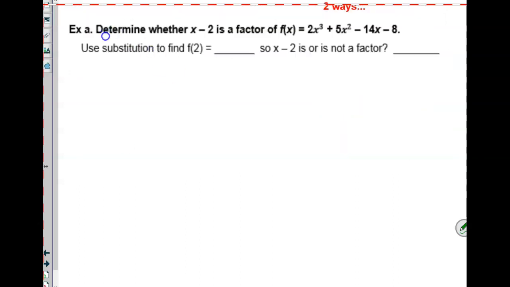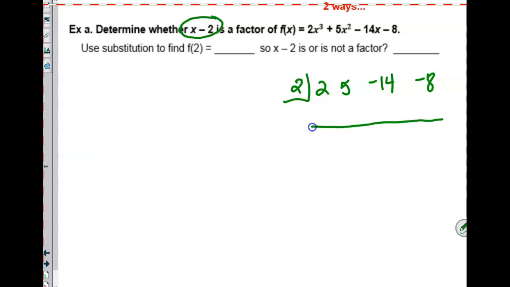Your example here says, determine whether x minus 2 is a factor. Now, honestly, if I had to determine that, I would have done synthetic division, because I would want to see, everybody with me, 2x cubed plus 5x squared minus 14x minus 8. You remember that the 0 is what goes in the box up here? Okay, then what's the rule?